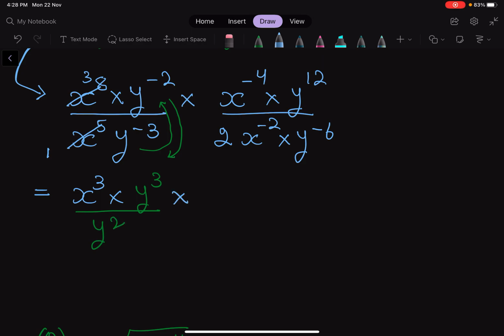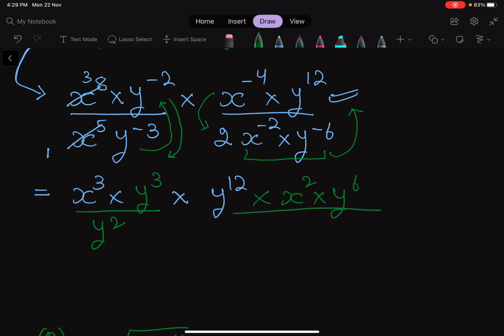Multiply, this remains as it is, y power 12. This x power minus 4 goes down and these two things go up. So it's x power 2 multiplied by y power 6 divided by 2 multiplied by x power 4.